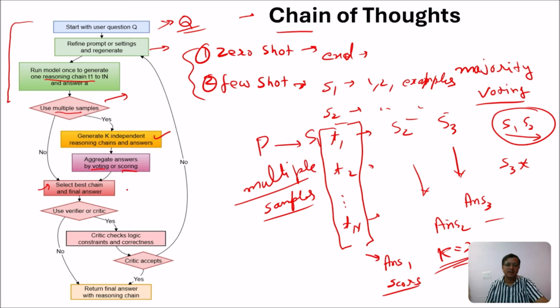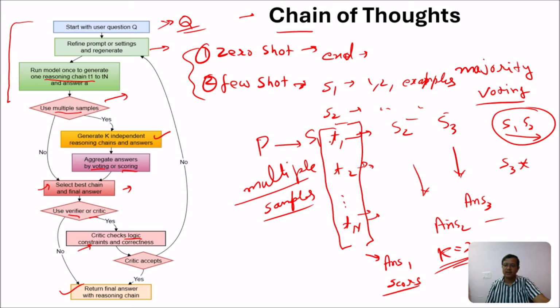And then we are able to generate the answer because we got the prompt sequences for chain of thoughts. But again, to make sure that the system is not making any error, we use a verifier or critic. If you are not using one, then you have a final answer. But if you are using it, then we have to check three things. First is logic, whether the entire logic is correct or not.